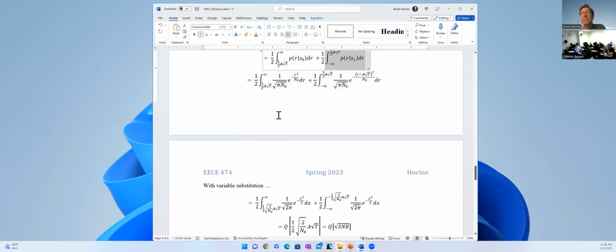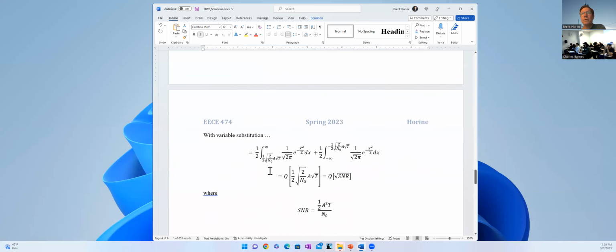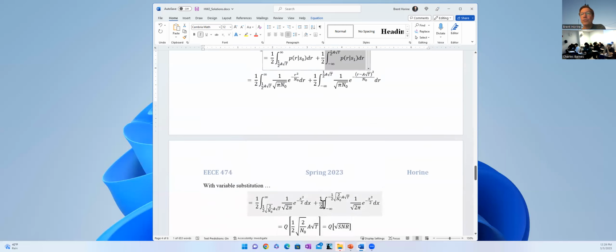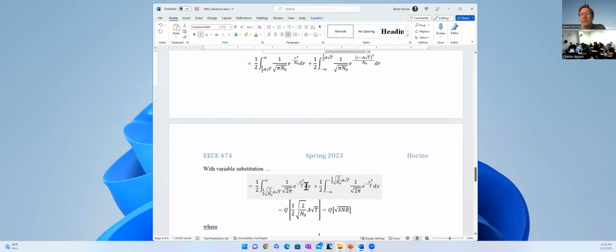And so then you can do a variable substitution here where we're trying to get this equation in a form that looks like when we derive the Q function. Okay, we like this Q function because someone's already calculated tabular values for us, so we can just go look them up.